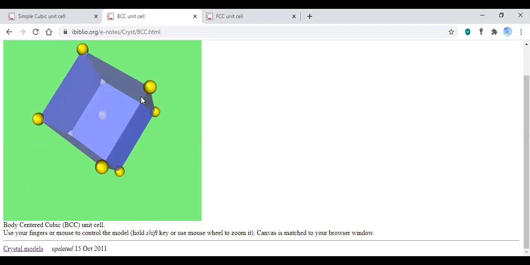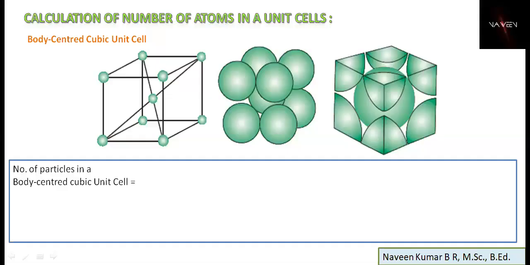Now we'll try to observe that with calculation. Just recall the 3D structure of body center that we have seen previously. This first diagram explains the 8 corner particles, along with a particle present at the center of the body of the unit cell, which belongs only to this unit cell.